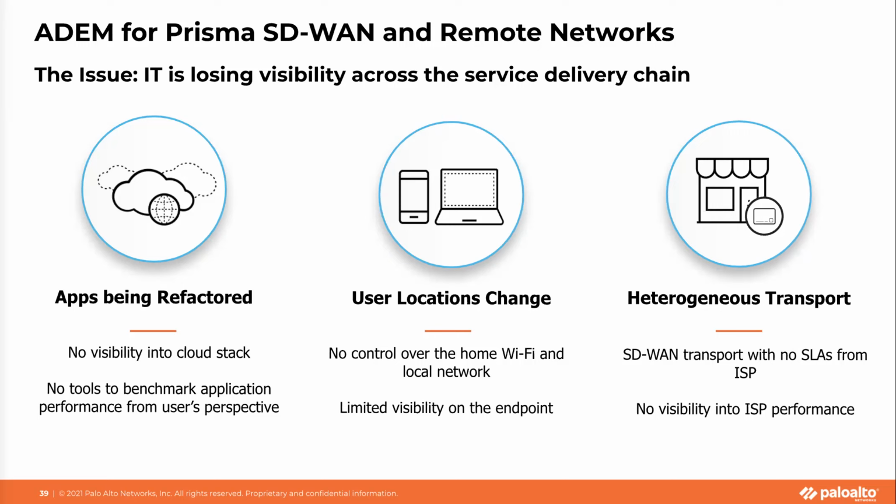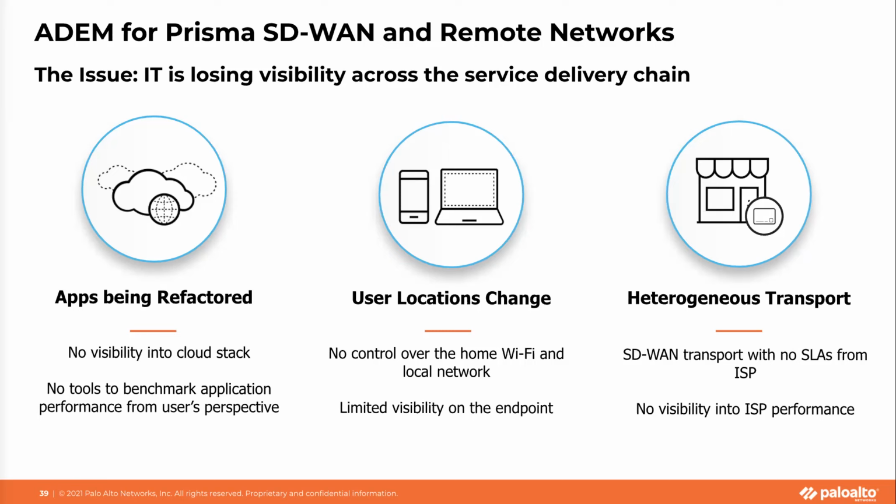Applications are becoming more distributed than ever, with organizations moving app workloads to the cloud from on-premises data centers, and in many cases relying on SaaS. As this happens, IT has reduced visibility and no control.